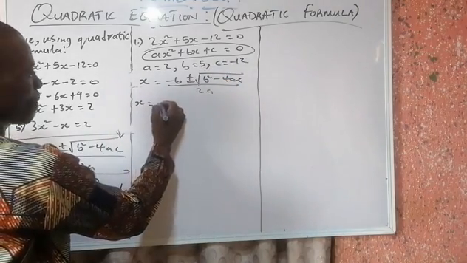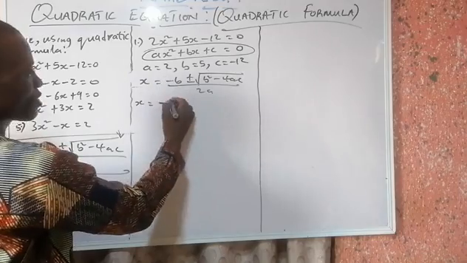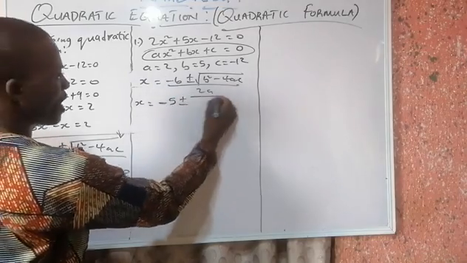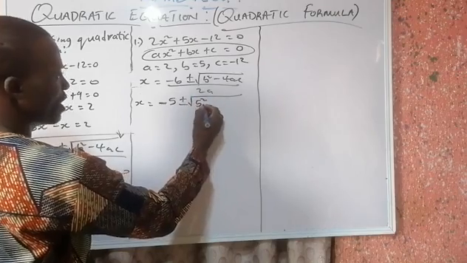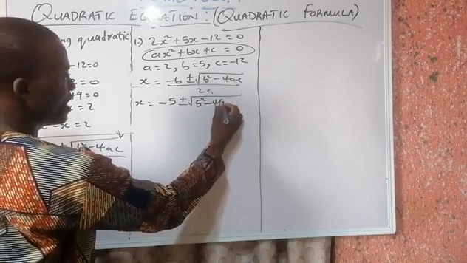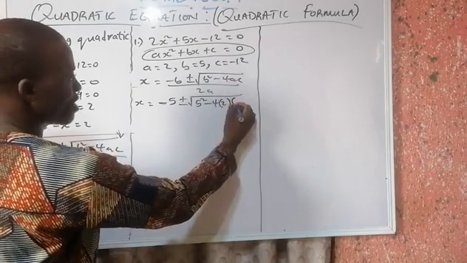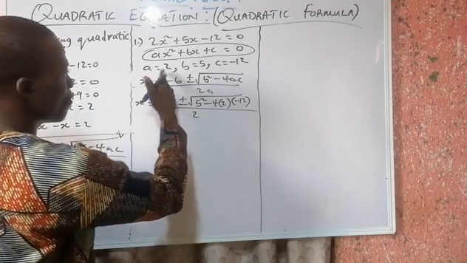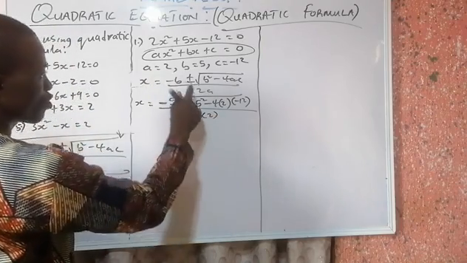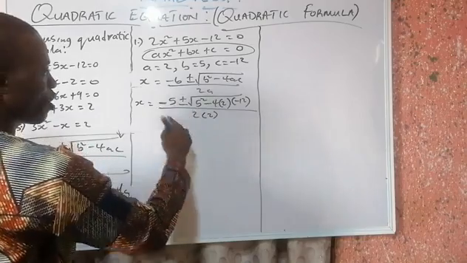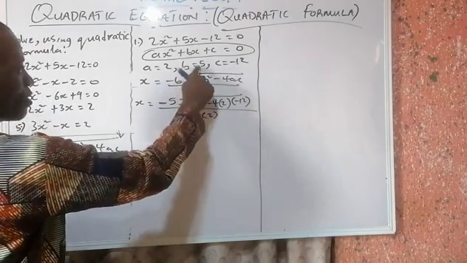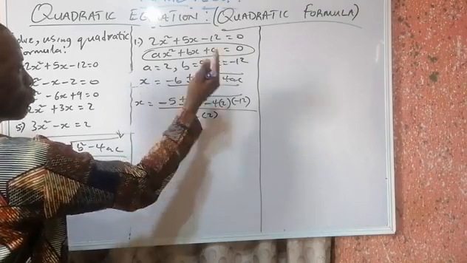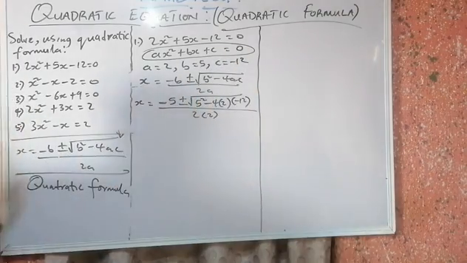And that will be minus b, so minus 5 plus or minus root 5 squared minus 4, my a is 2, my c is minus 12, then over 2, my a is what? 2. So this formula here becomes this, replacing b with 5, replacing a with 2, replacing c with minus 12.